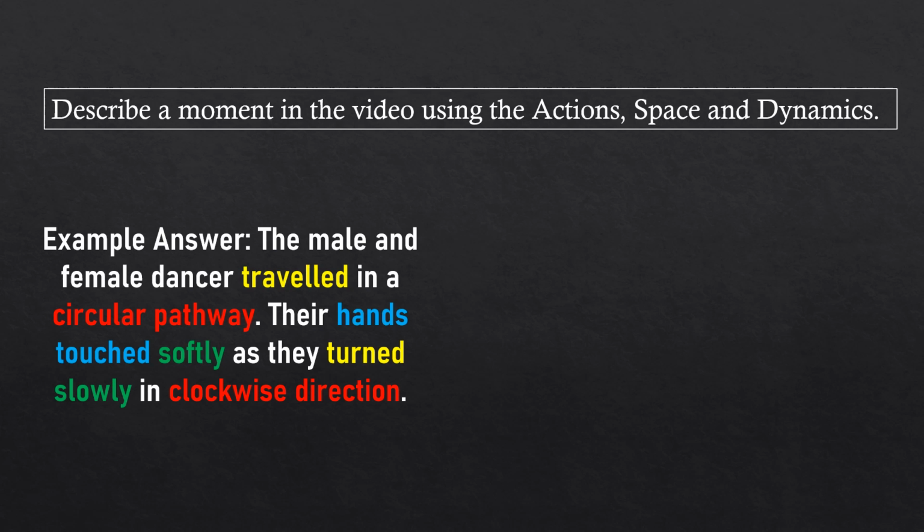The spatial elements that I've used are circular pathway and clockwise direction, and the dynamics are softly and slowly. So you can see that I've used two for each. As a minimum, I want you to use two actions, two space, two dynamics in your descriptions, okay? So write those descriptions from a moment in the clip, it may be a moment that you enjoyed the most, or maybe you wrote down more basic features of that specific moment.